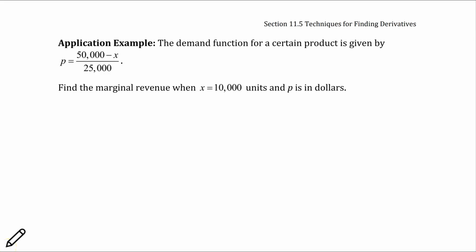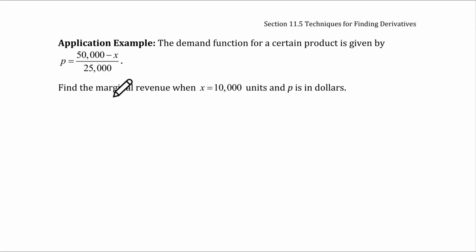Here, we are asked to find the marginal revenue. Marginal revenue is the rate of change of revenue. In other words, we would need to find the expression first for the revenue function before we can find its marginal revenue, its rate of change.